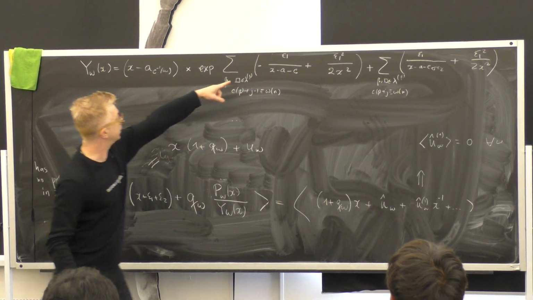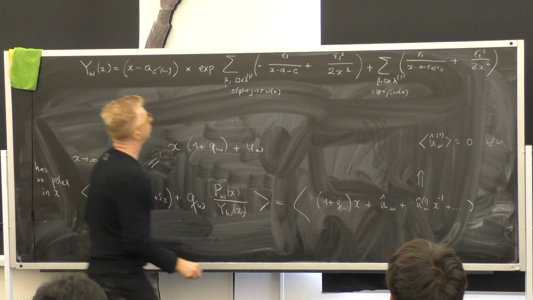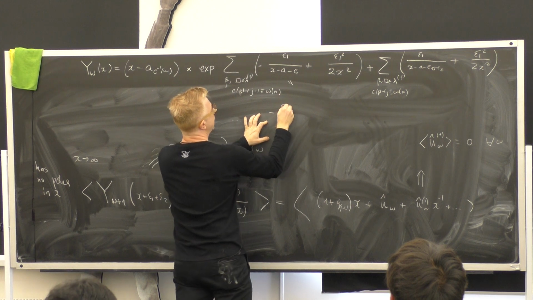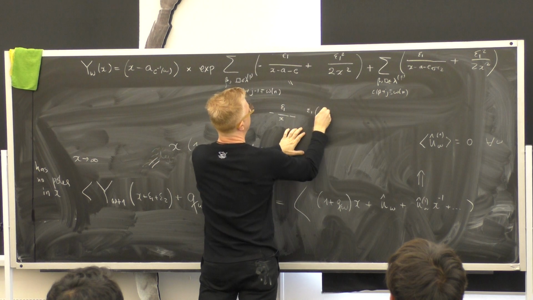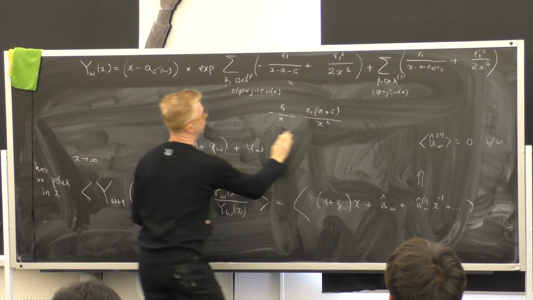And now let's expand it a little bit further. So this is equal to minus epsilon 1 over x minus epsilon 1 a plus c divided by x squared.